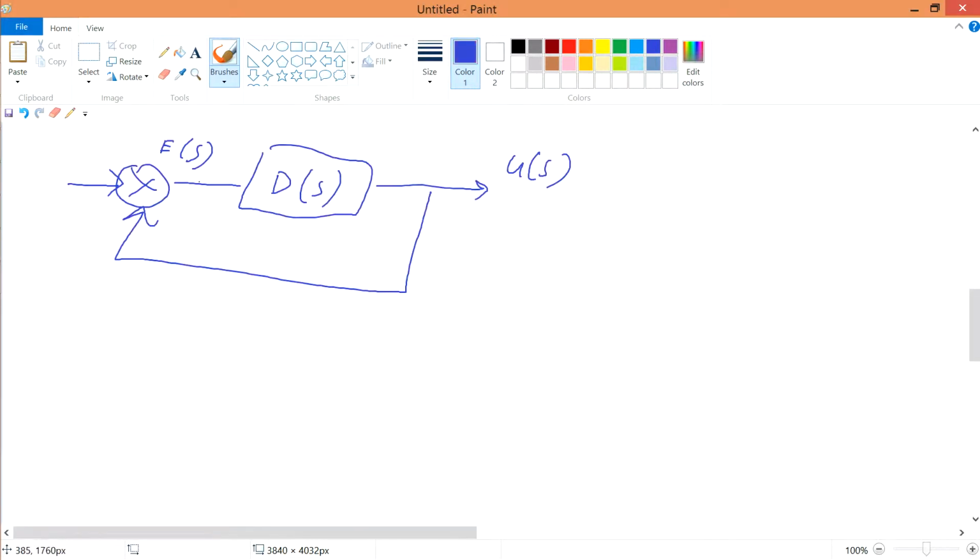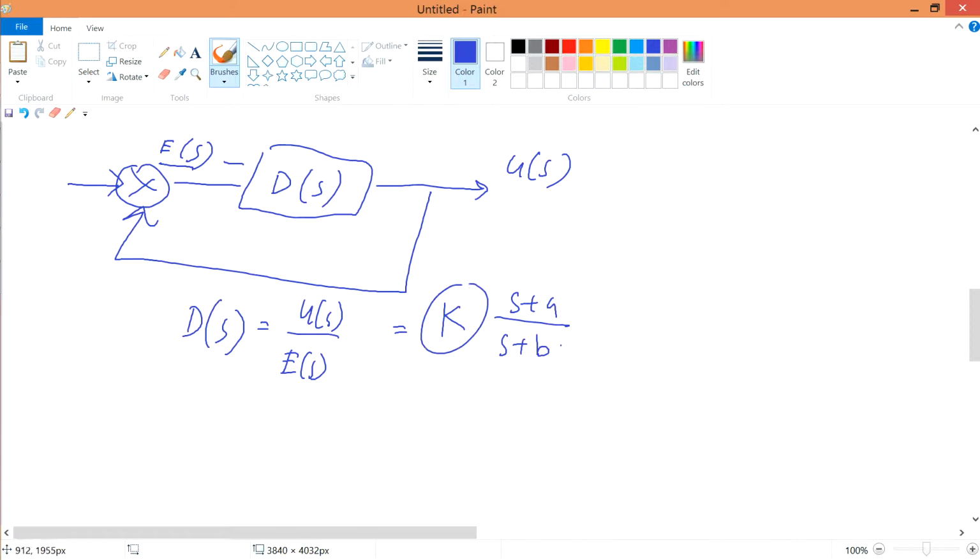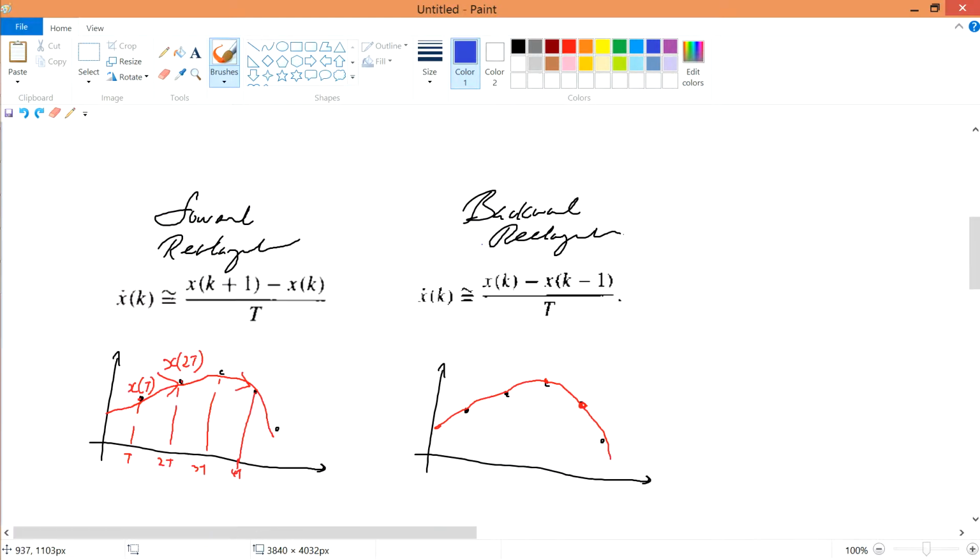When you have a system, there is an error input into this transfer function and an output over here. I can simply write this phenomenon as the transfer function equals the output divided by the input error. And from a certain source, for example ks plus a plus b, this k is different from our k.